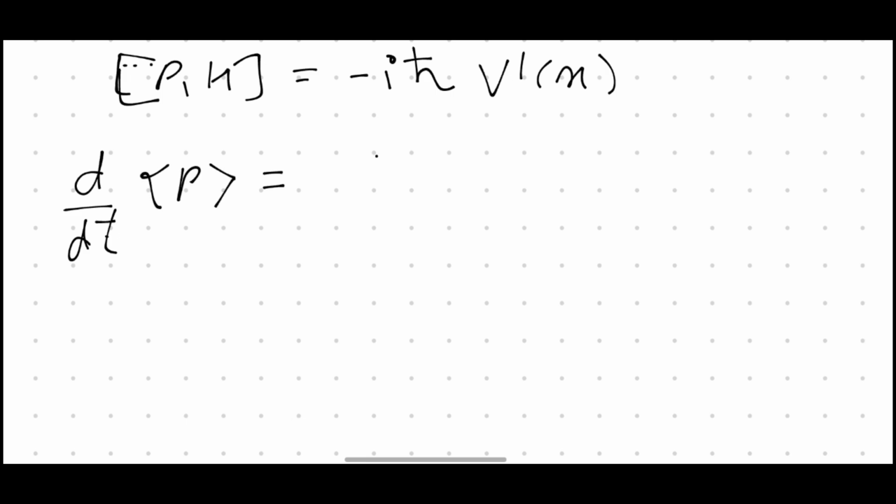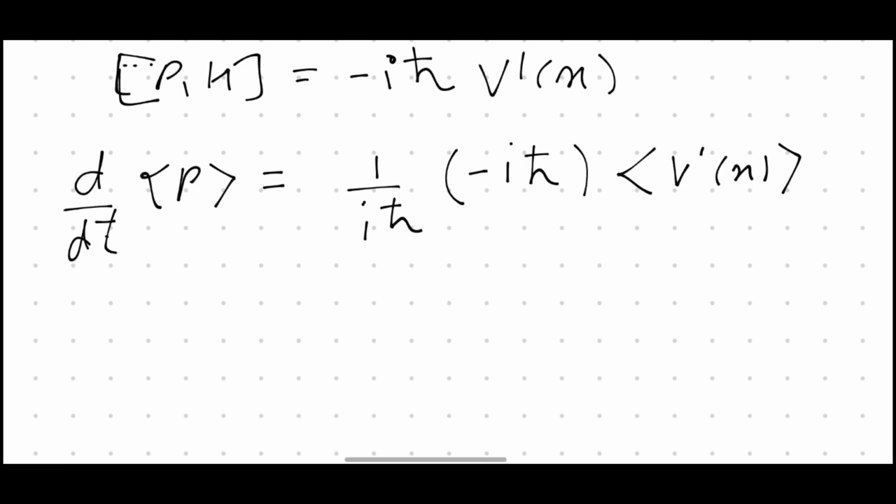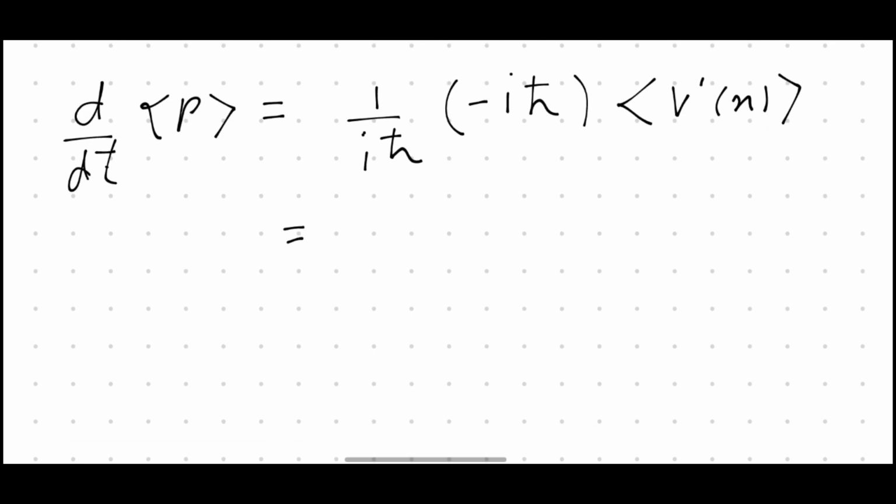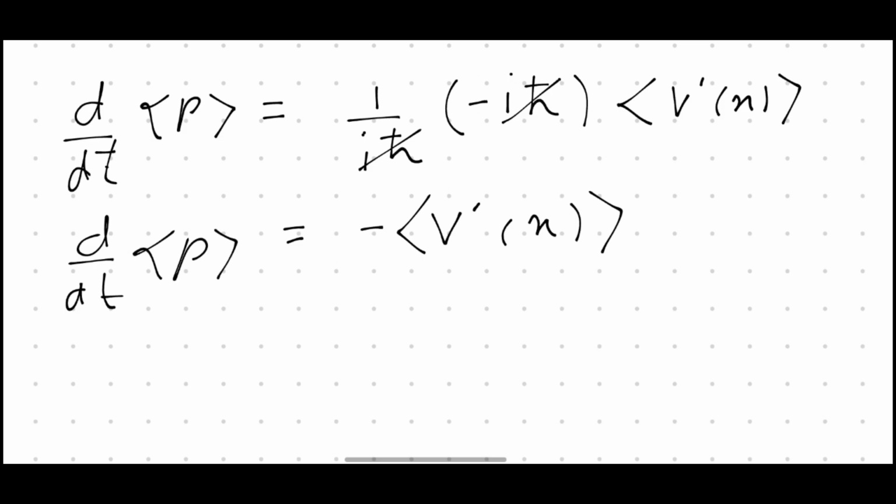So 1 upon iħ times minus iħ v dash x, which is going to be equal to, as both of these get cancelled, minus v dash of x in expectation brackets, which is my d by dt of p.